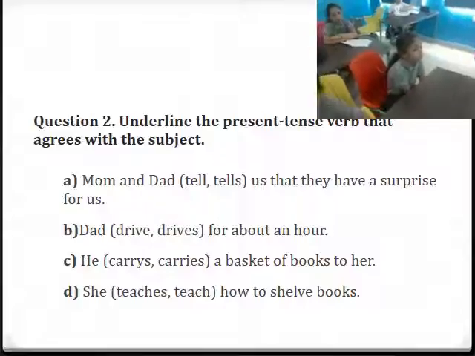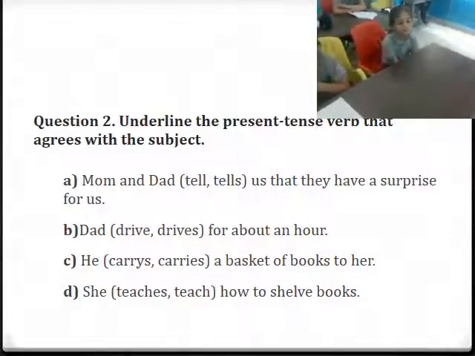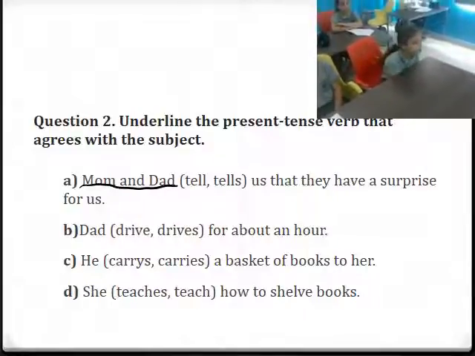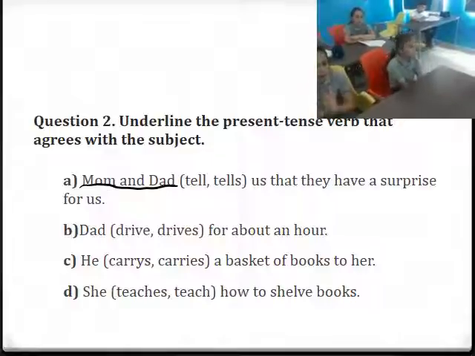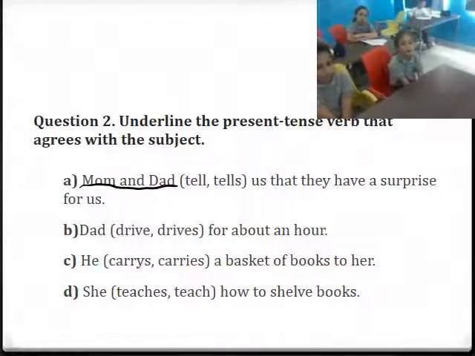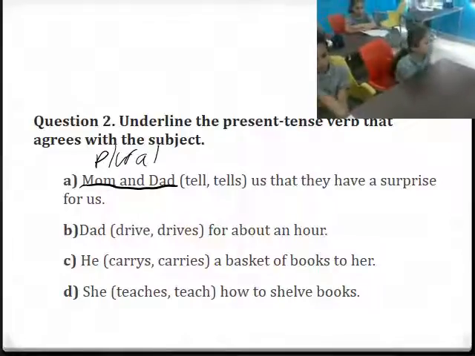Now, before you answer, where's the subject in this sentence? Mom and Dad. This is our subject. Mom and Dad are plural or singular? Yes, plural. Very good. So we have a plural subject.